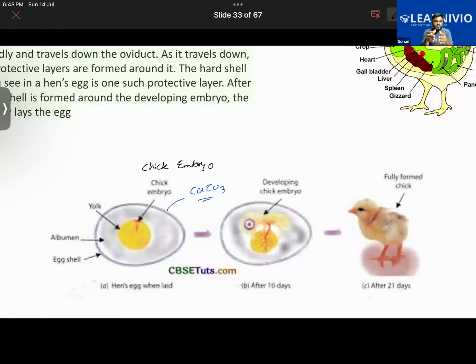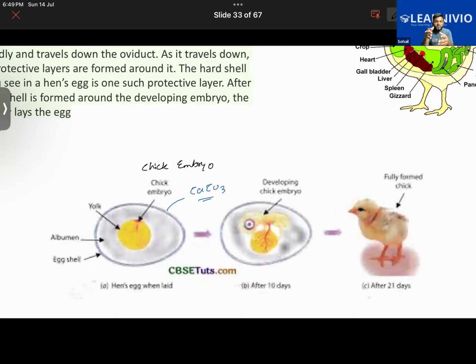So the eggs should be stored in their reproductive organ. It will not be stored in the ovary, but I think it would be stored in the oviduct. I'm not very sure where the eggs are stored in their body, but I think it would be stored in the oviduct.